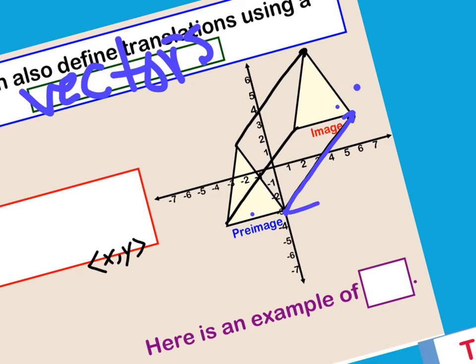It went over 6 in this direction, and it went up from -3 to 2, so it went up 5 in that direction. So that's the vector. The same vector is used from this point. Goes over 6 in the x direction and up 5 to find the next image point. In the next 2 videos, we will discuss rotation and reflection, 2 other isometries.